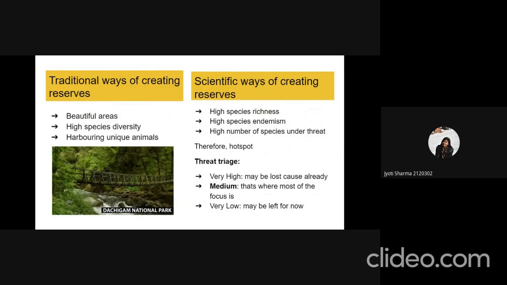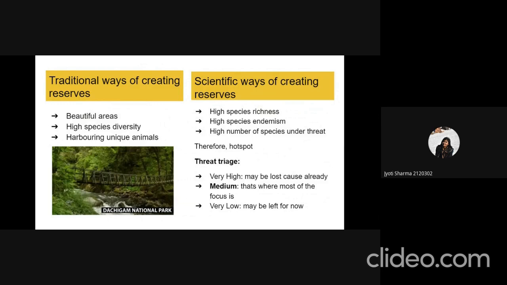This scientific view says that if some areas have high species richness, high species endemism, or a high number of species under threat, like a hotspot, then these areas must be conserved. If we have an area where we have lost most of the species, then that area need not be reserved, but the area with medium-level threat should be the focus.